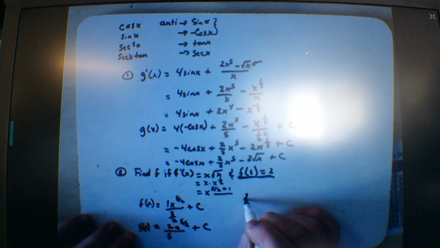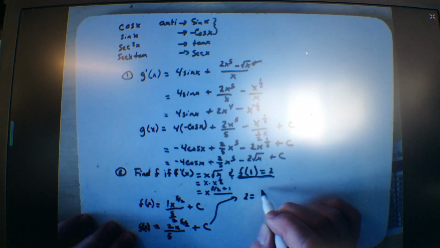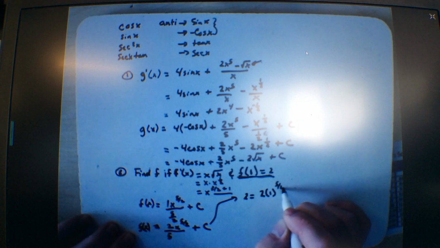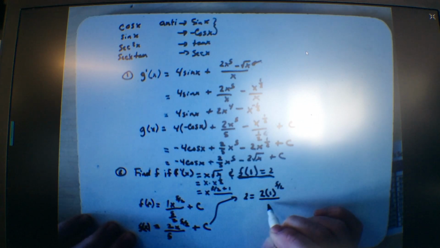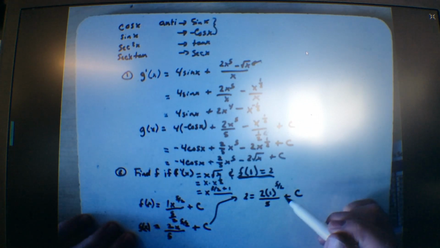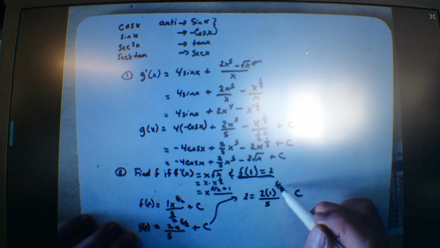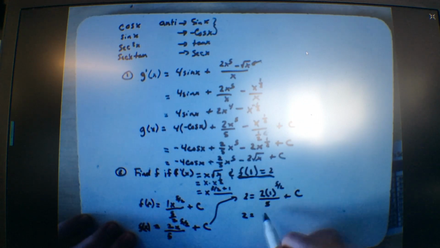So 2 equals 2 times 1 to the 5/2 power over 5 plus c. Now look here, guys. 1 to any power is 1. So I get 2 equals 2/5 plus c.